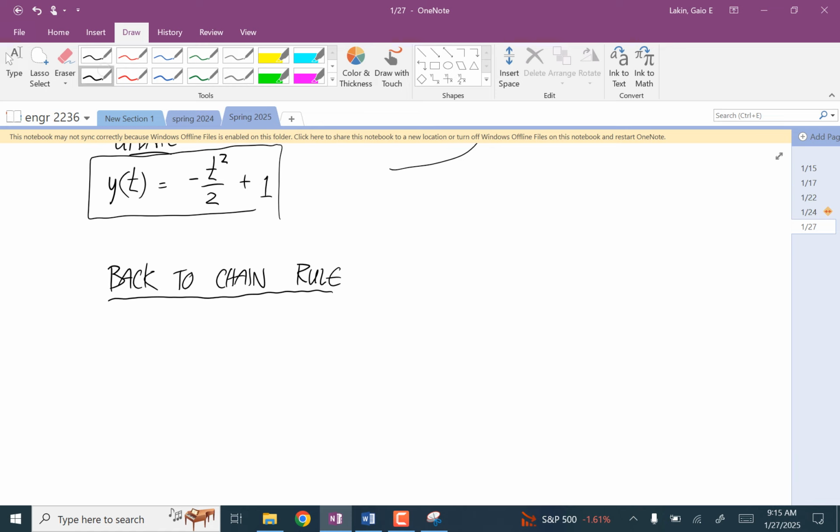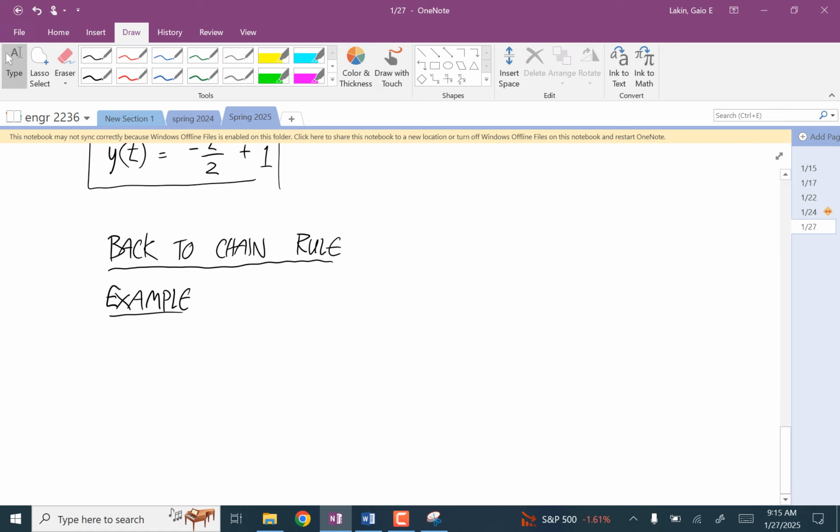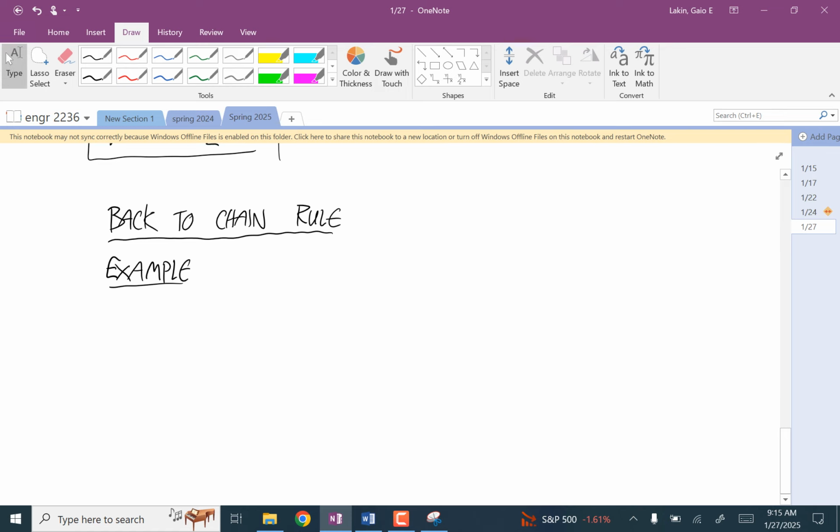Okay, so let me do another example. Let's just sort of break this whole process down into two different things. So let's say we have a particle that we know is moving in this way.